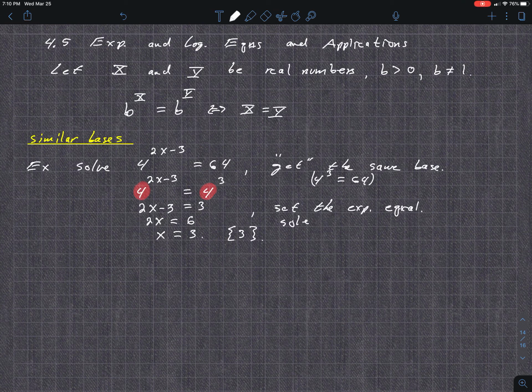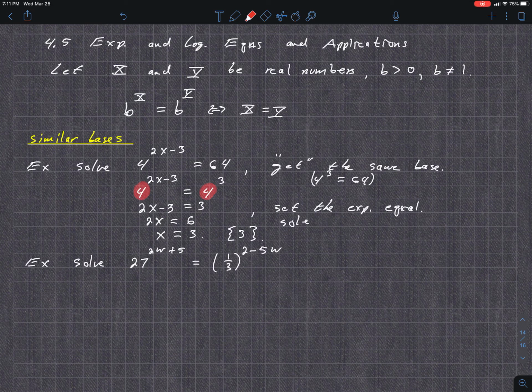All right, let's do another one for similar bases. Next example, solve 27 raised to the 2w plus 5 equal to 1/3 raised to the 2 minus 5w.